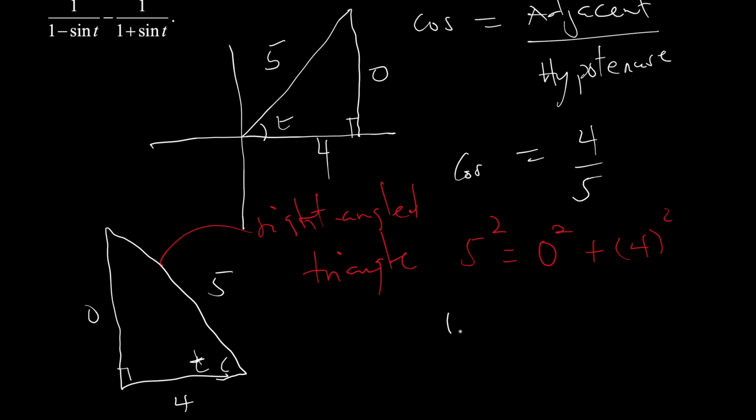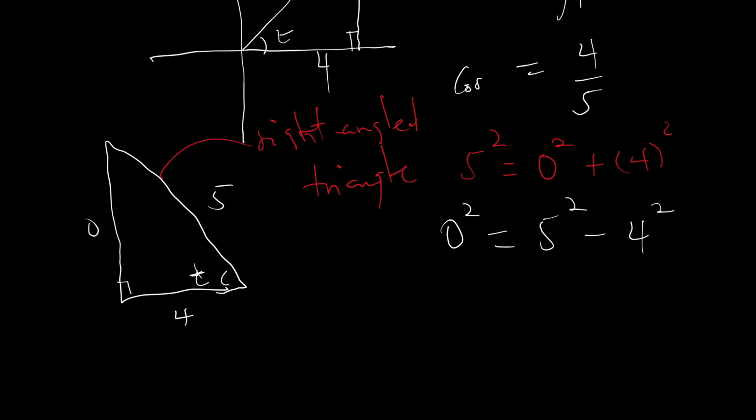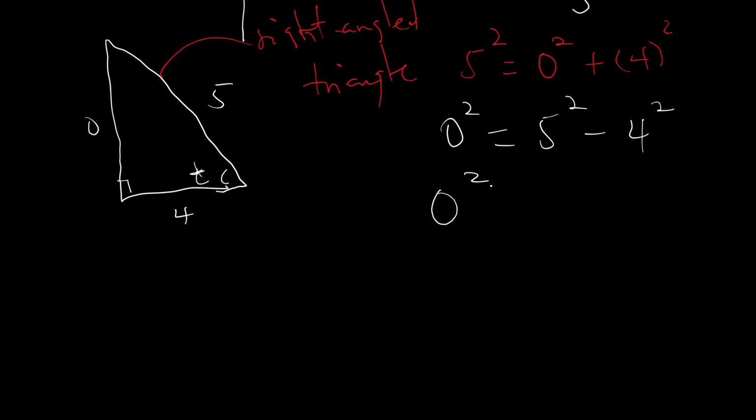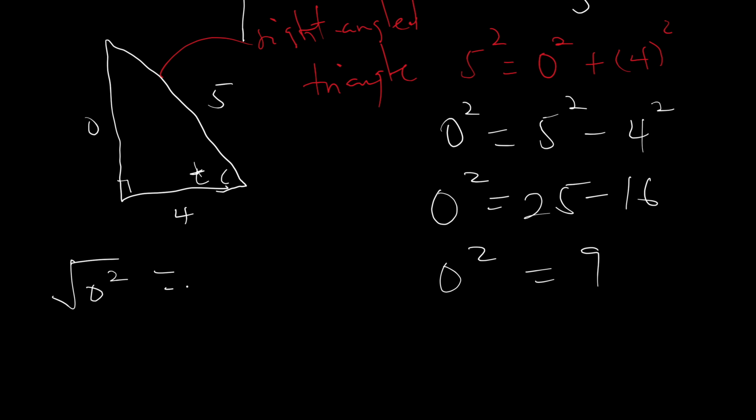So O squared will be equal to 5 squared minus 4 squared. So O squared is equal to 25 minus 16. Now 25 minus 16 is 9. So O squared is equal to 9. Now to find O, we take the square roots of both sides. So we have square root of O squared is equal to the square root of 9. So our O is equal to 3. So we have 3 here.